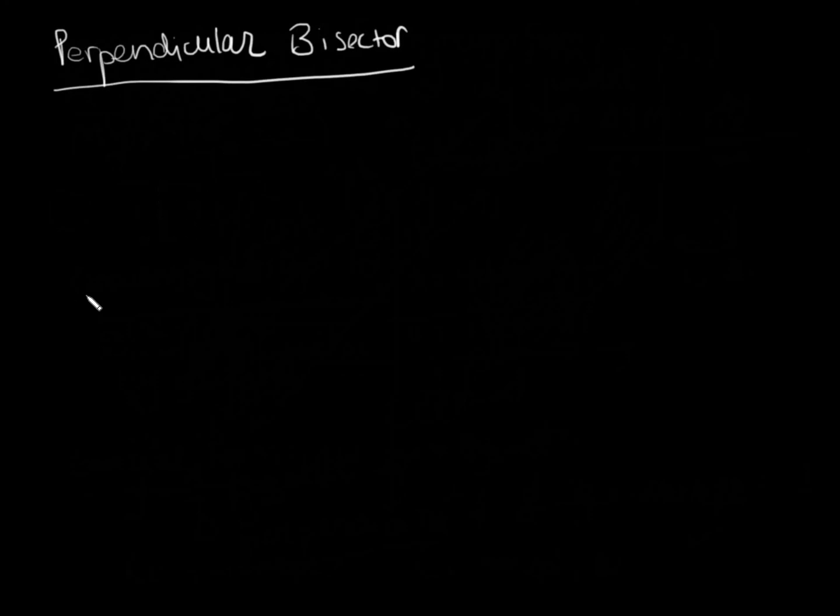The perpendicular bisector of a line segment, let's say of a line segment AB, is a line that is perpendicular to AB but which passes through its midpoint. So let's say we have a finite line here, AB, joined together by a straight line.